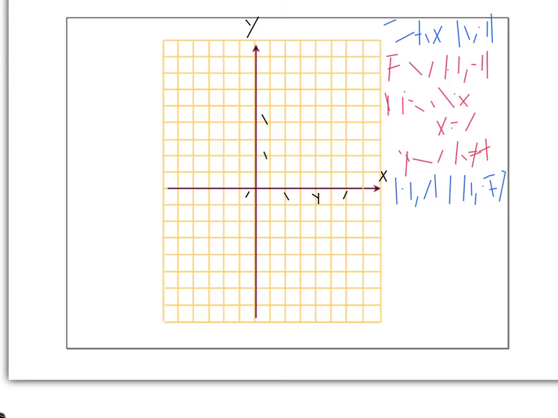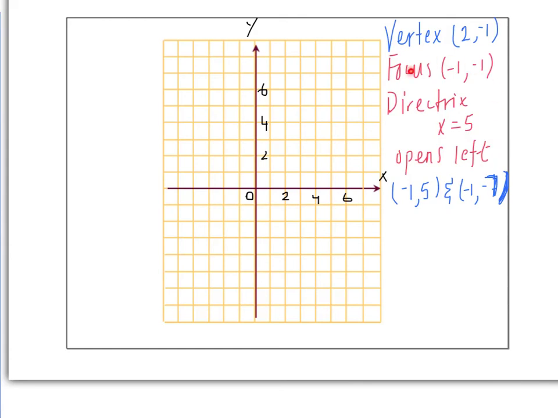There's 2, 4, and 6 for the positive y. And let's get started. I put these in pink because they're not actually part of the parabola. They just help us create the shape and direction of the parabola, but I'll go ahead and put those in first. So our focus is at (-1, -1), which is this point here.